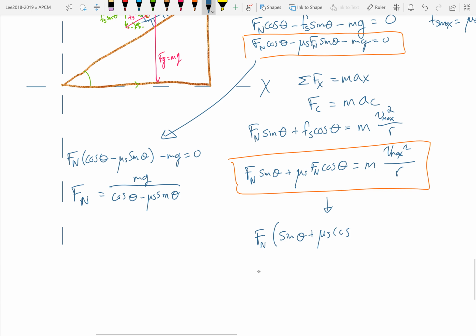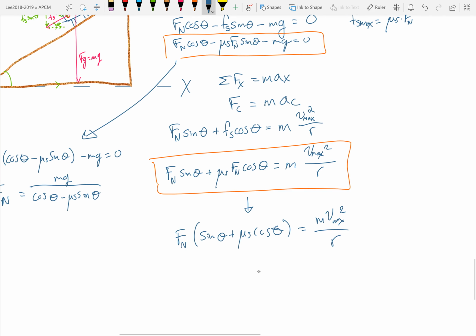Okay, then this guy, when we solve, we factor out our normal force, we have sine theta plus mu s cosine theta, very similar looking stuff, right? mv max squared over r, and I need to divide, so normal force is going to be equal to m times v max squared divided by r times sine theta plus mu s cosine theta.